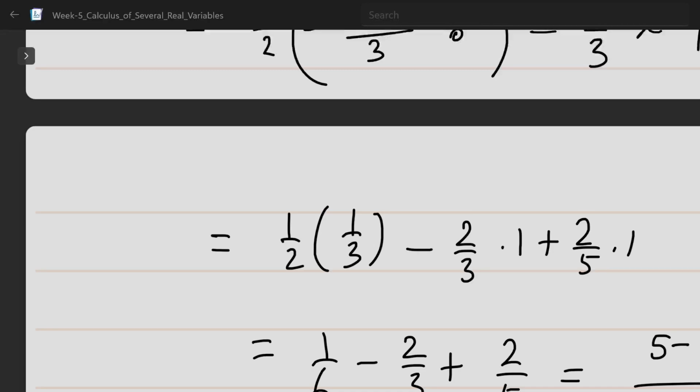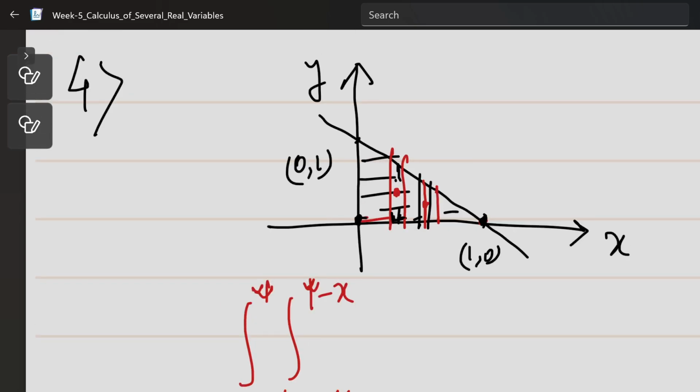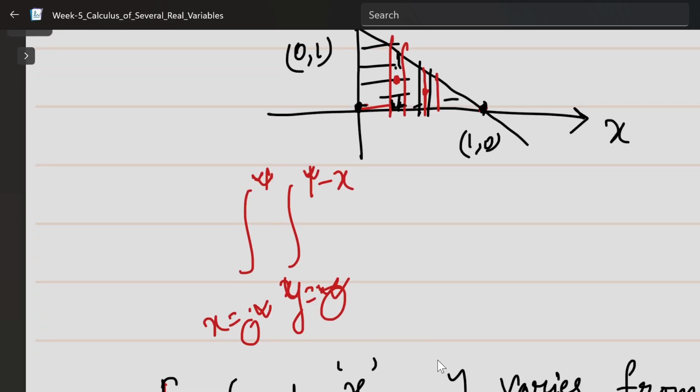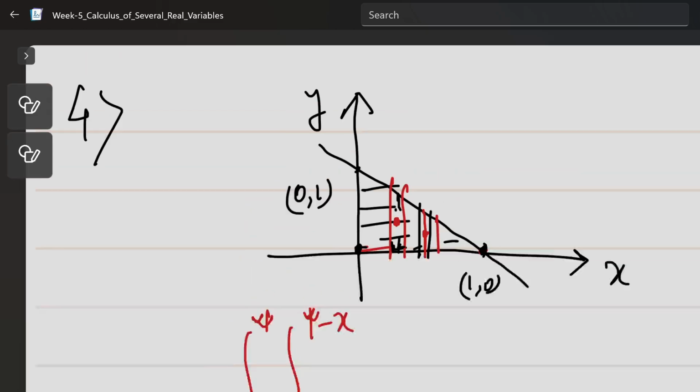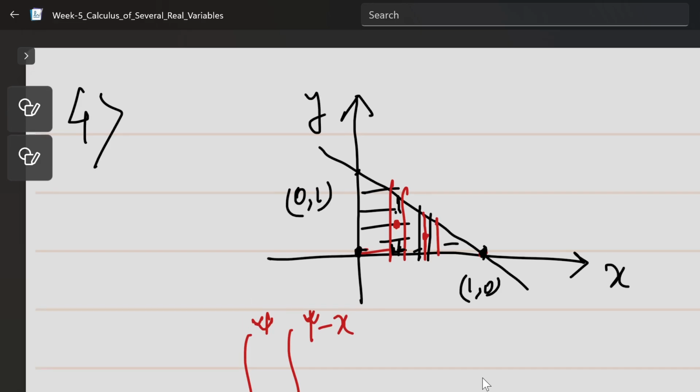Any question from this? How do I find the multiple integral region? Just find the limits of this integral carefully. That is the main challenge of multiple integrals.